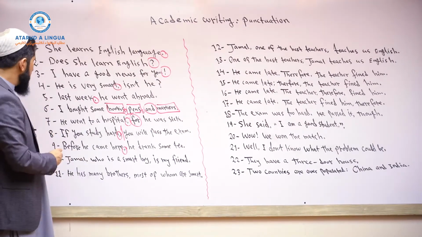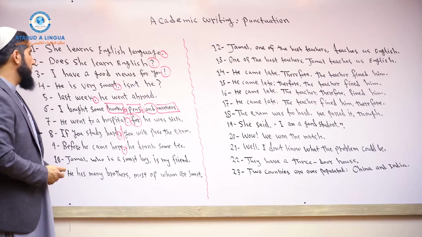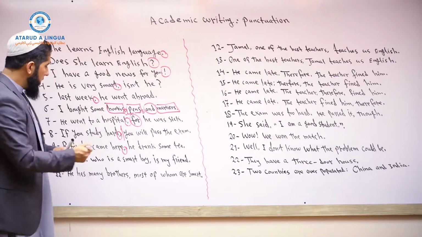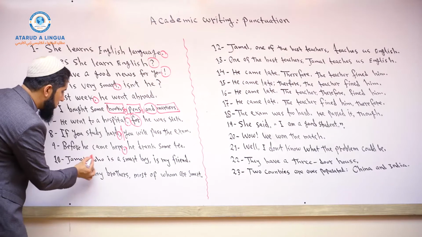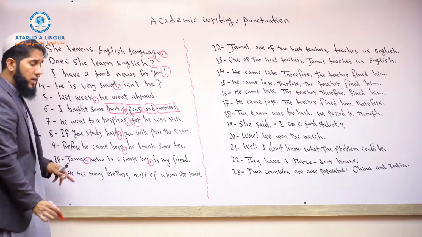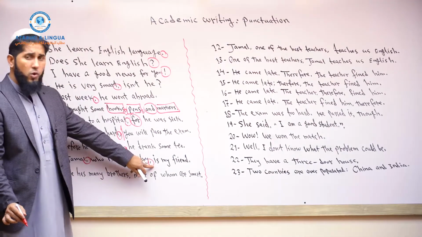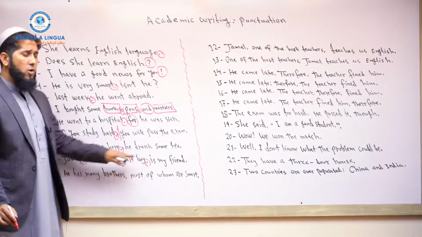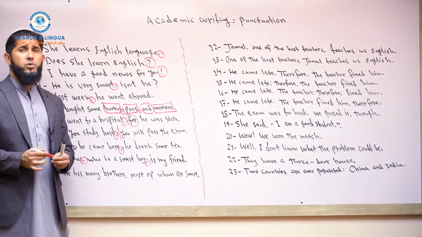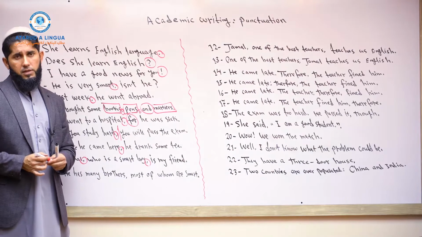Okay? So, Jamal, who is a smart boy, is my friend. Here, who is a smart boy is your adjective clause. We need one comma before the adjective clause, one comma after the adjective clause. Why? Because this is a non-restrictive or non-defining adjective clause.